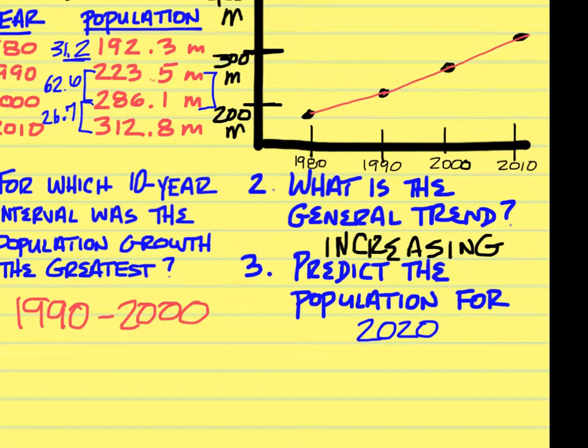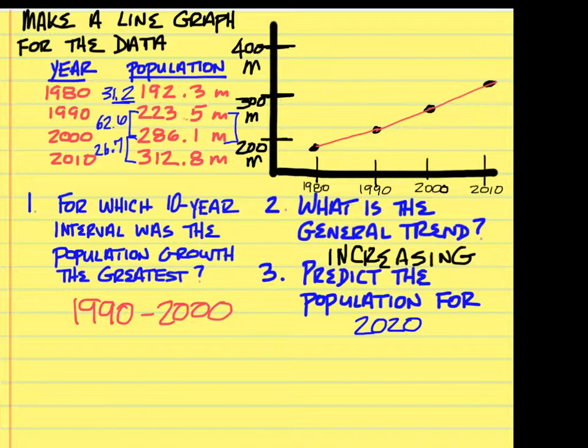Answers may vary. 380 million. It's a possibility. Anybody else have a guess? Yeah, if you went up by about 60 some, maybe 68, 67, it would be close to 380. And that did happen here, so it's a possibility. So you could predict 380 million.